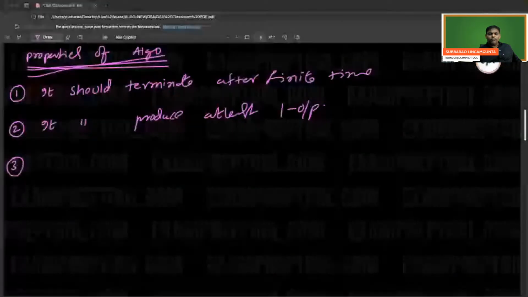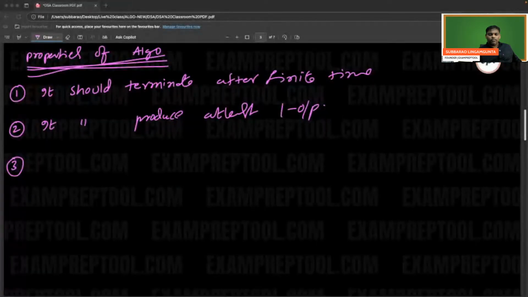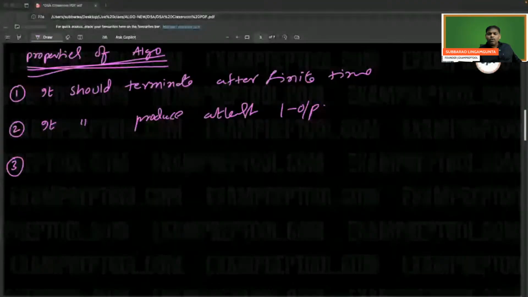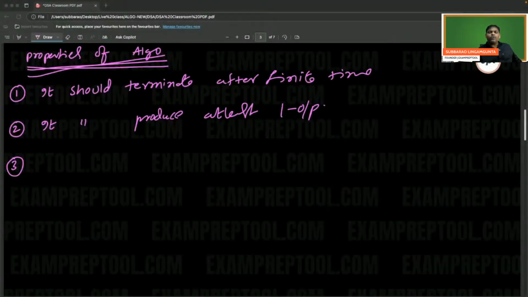Can you say a few properties of algorithm? If you feel some major one I left out, say to me, I will write here. Make it fast. If you don't want to respond, please get out of the class. Then what is the point of watching the class? Can you say some properties of algorithm?